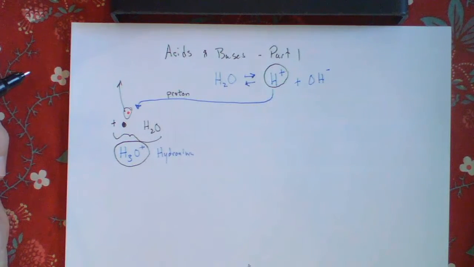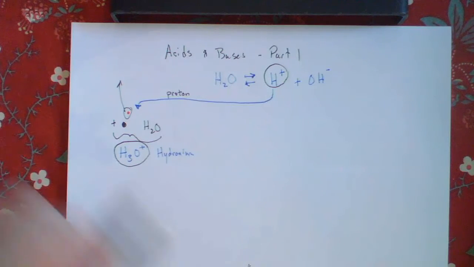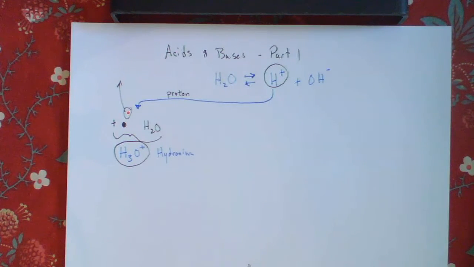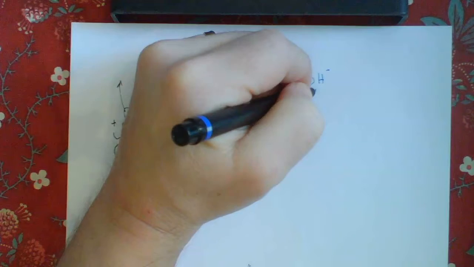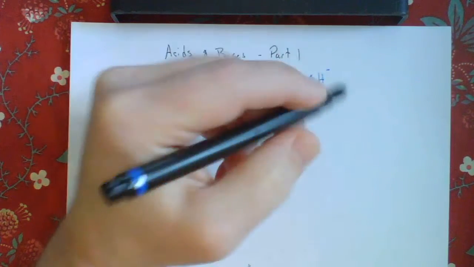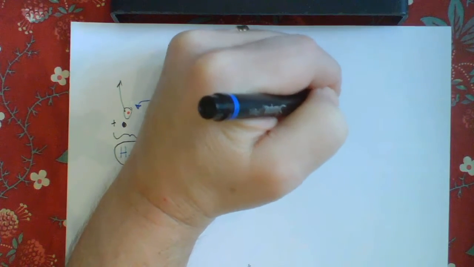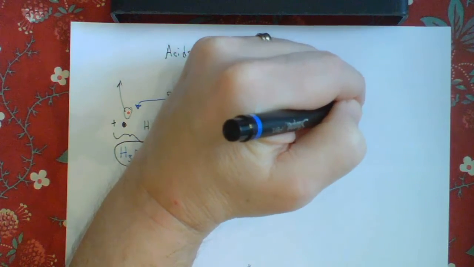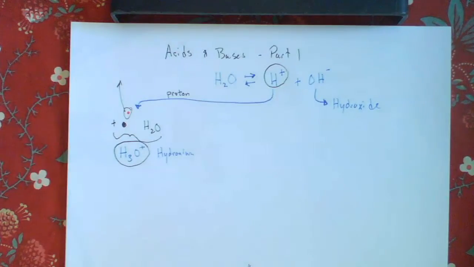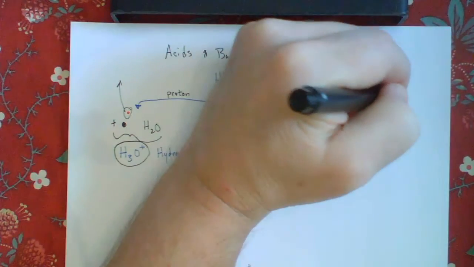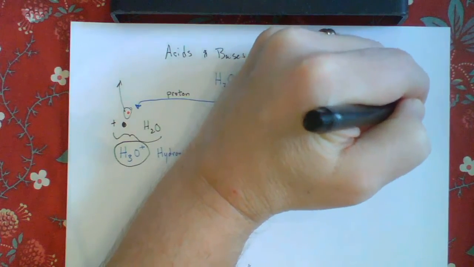Now what about being a base? A base is something that we'll see as hydroxide. So any hydroxide that is attached in a compound will make something a base. So this is a base indicator.